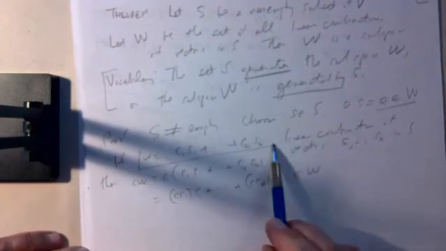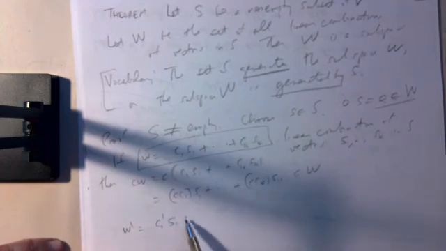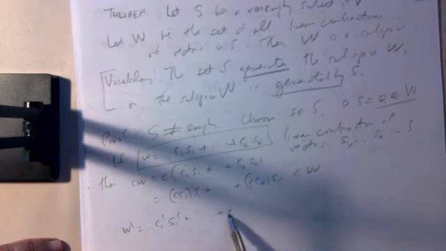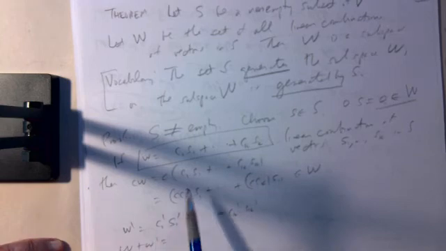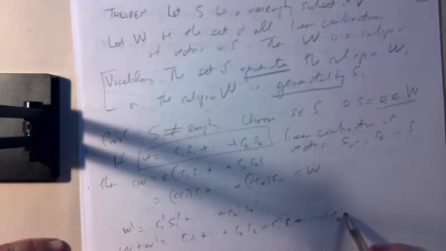And if W is this vector, and if we have, let's say, W prime, which is C1 prime, S1 prime, some other linear combination, W plus W prime is just this plus this: C1 S1 up to CK SK plus C1 prime S1 up to CK prime SK.